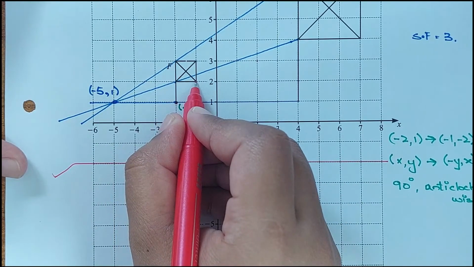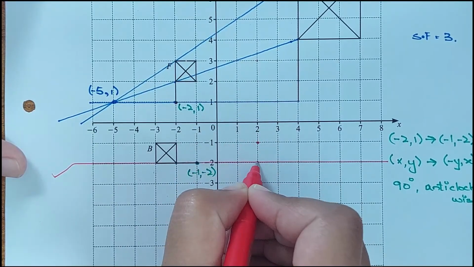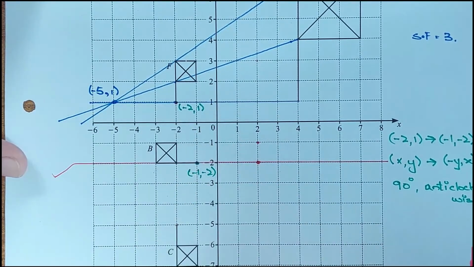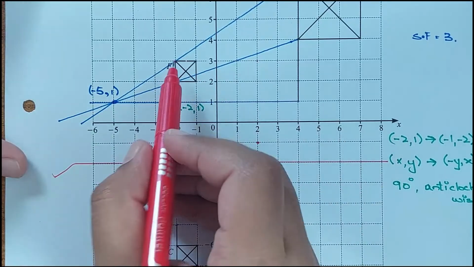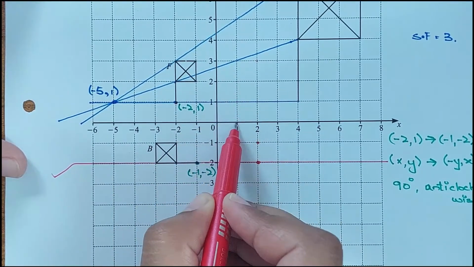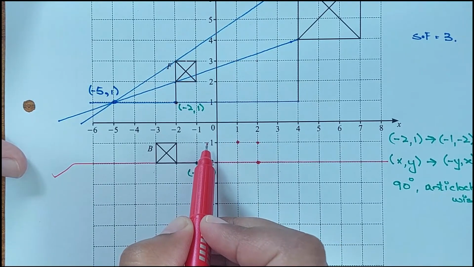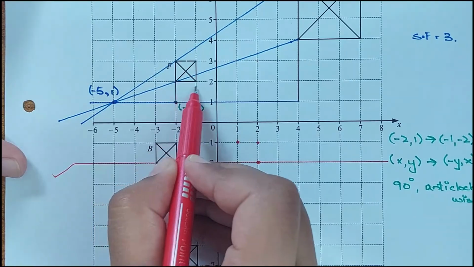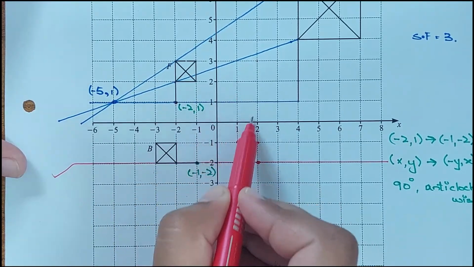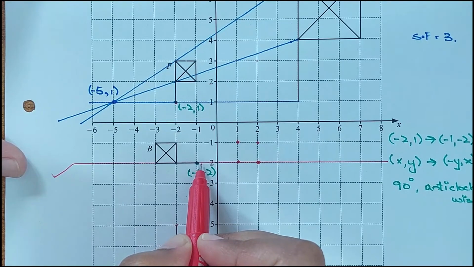For this point, 1 2 3, 1 2 3 4, this is (2, -2). Okay, this point is 1 2 and 3 units, and 1 2 3 and 4 units, so this point is (1, -1). For this point we have 1 2 3, 1 2 3 4, (1, -2), right?